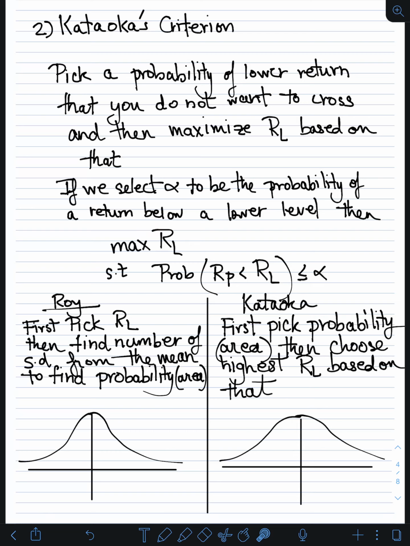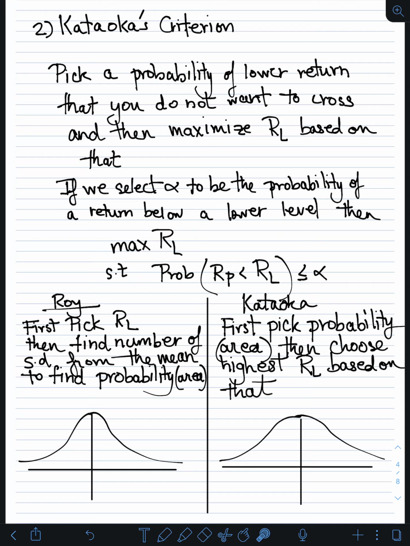In Roy's, we had originally picked the lower bound of return first, but now we're going to pick the highest lower return that we can get, subject to this inequality: the probability that our portfolio return does not fall below that pre-selected level is at most alpha, the pre-selected risk.